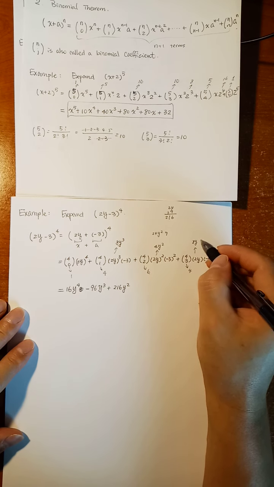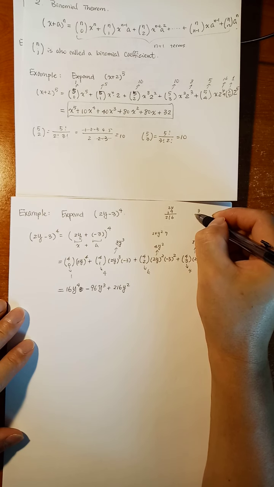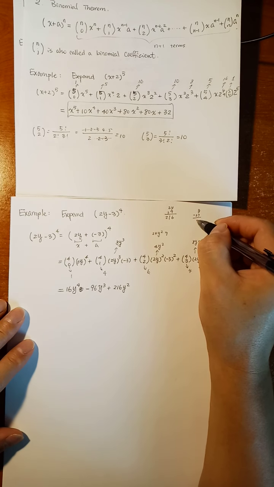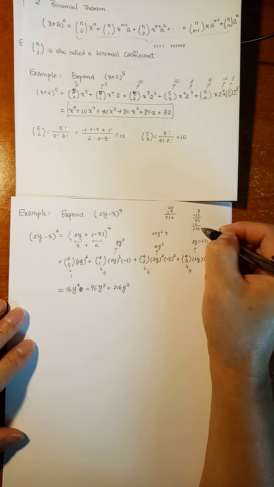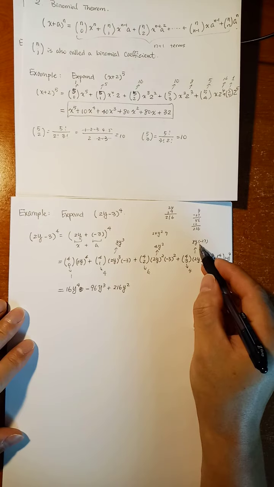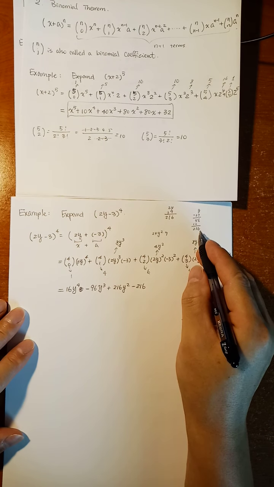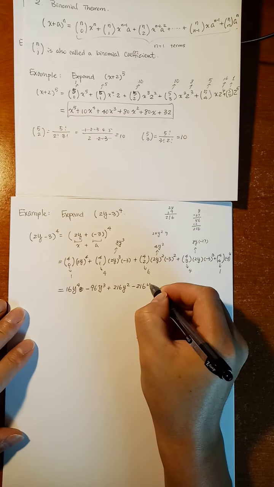Negative 3 cubed is negative 27. 8 times negative 27 is 216. But this is a minus, that's negative, so minus 216y.